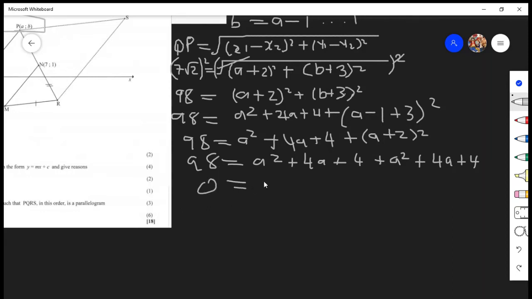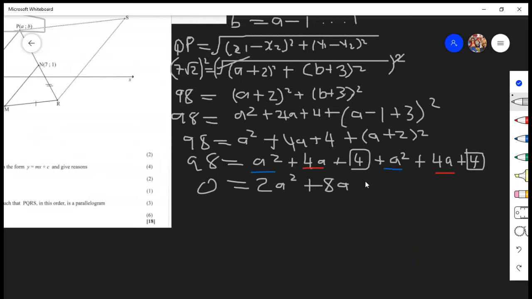So we've got a squared and a squared, which would then give us 2a squared. We've got 4a and 4a, which would then give us plus 8a, and we've got 4 plus 4, which would then give us plus 8.